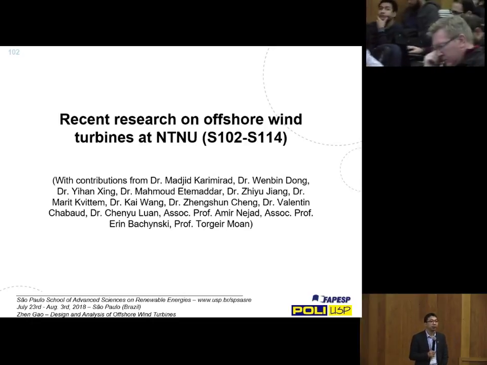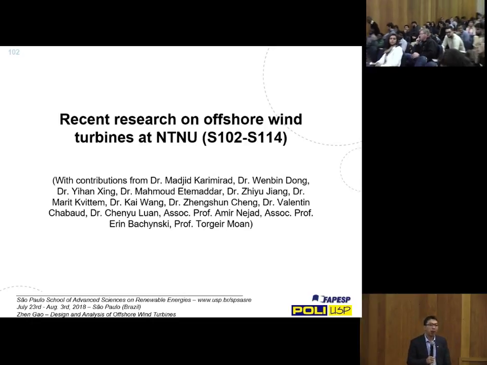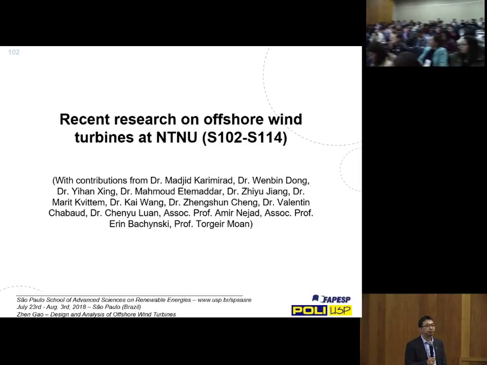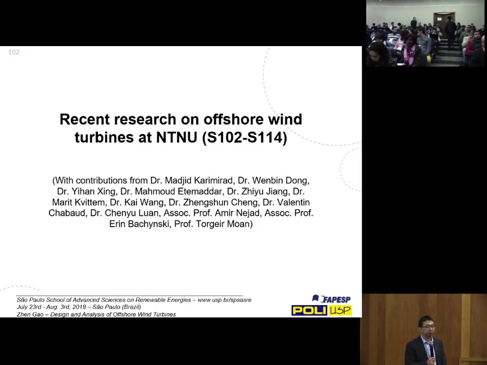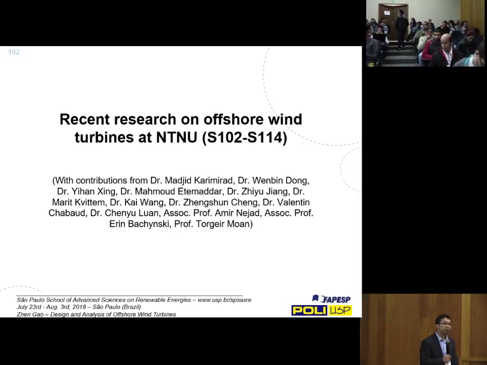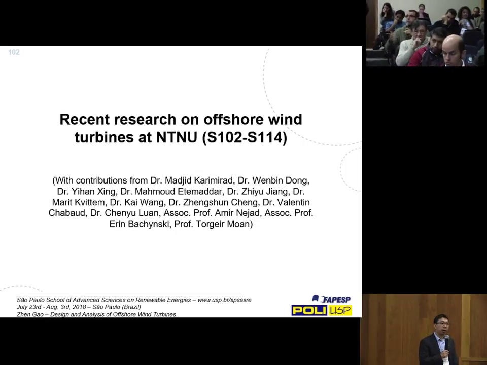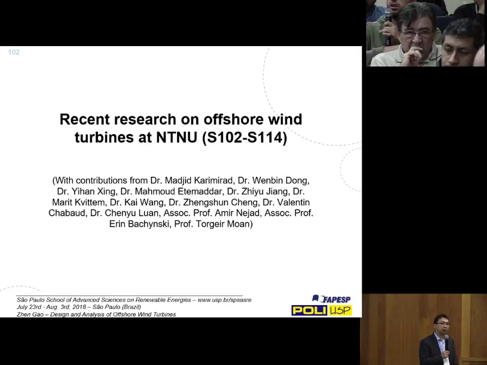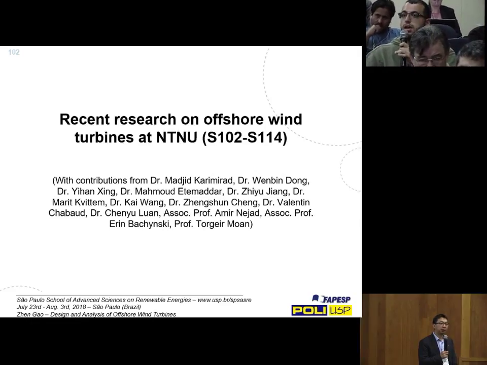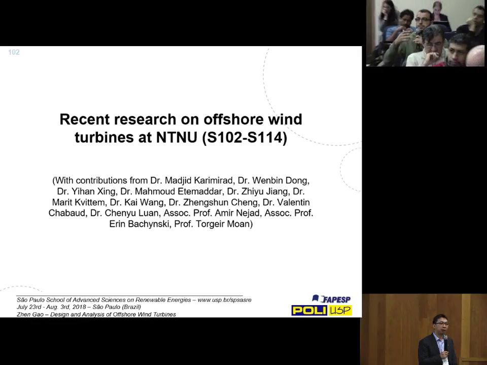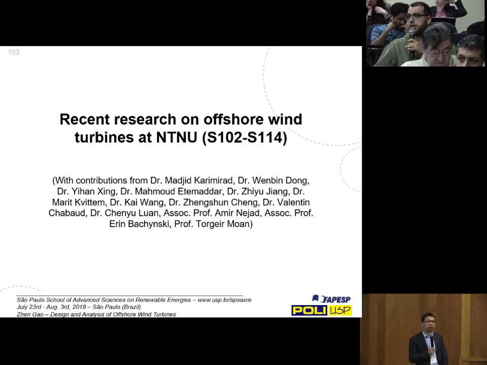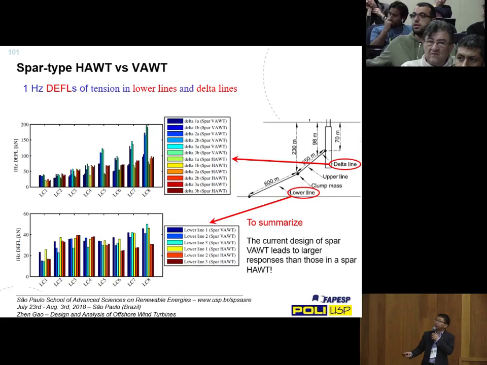Hello, my name is Ian. I have a question about why all the data you show us is about the Darrieus type. Why do you study that, and not other kinds like Savonius? Because Savonius is stronger. Why the Darrieus? You mean the vertical axis wind turbine?